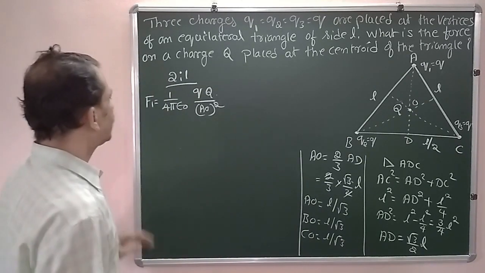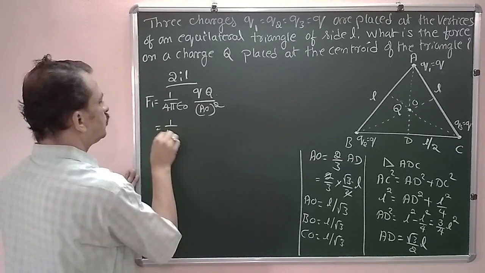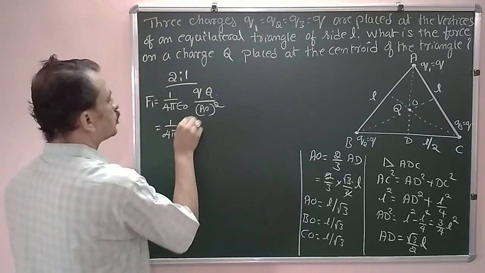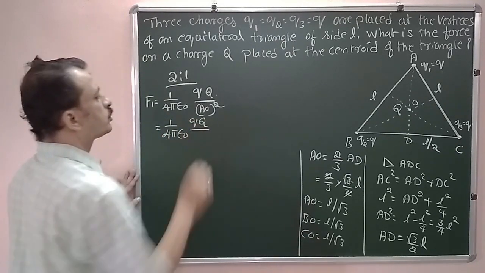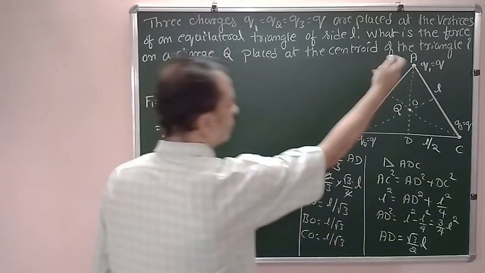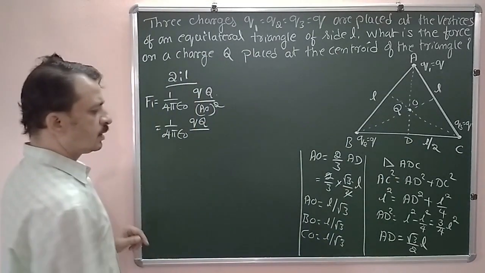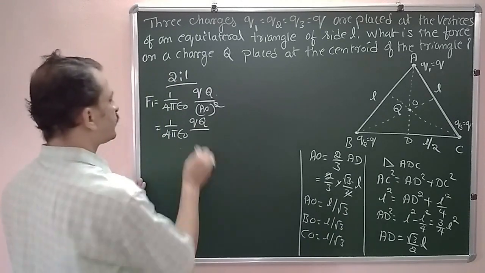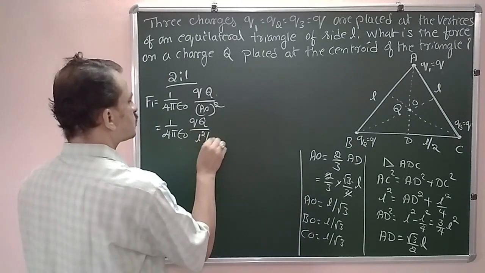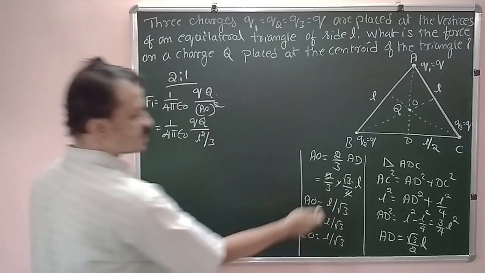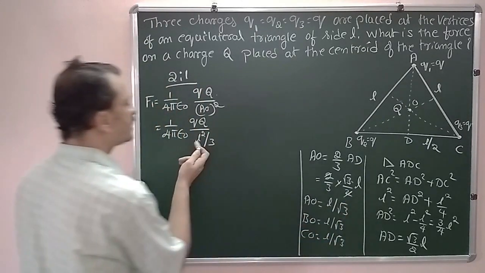Okay. Now substitute the value: small q, capital Q divided by AO square. AO is L by root 3, whole square, that is L square by 3.